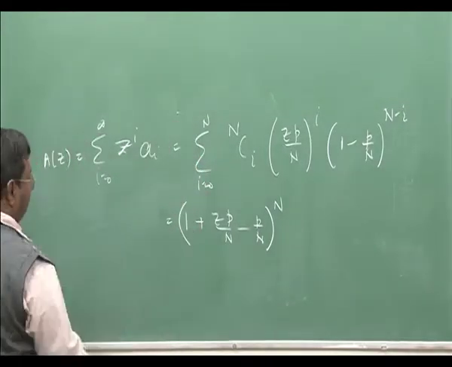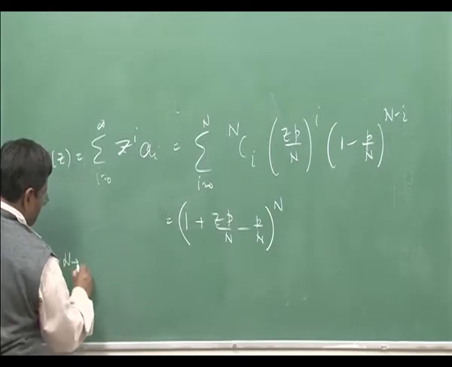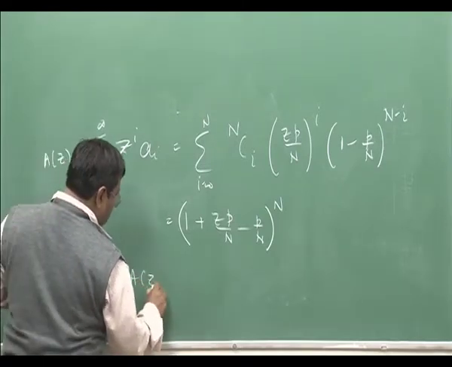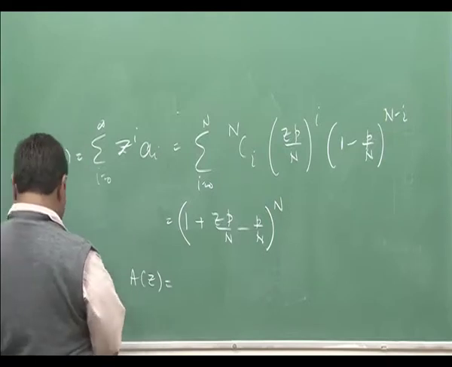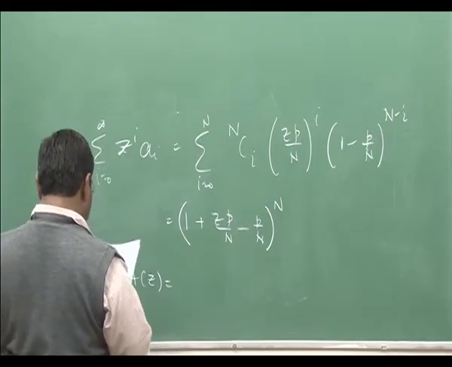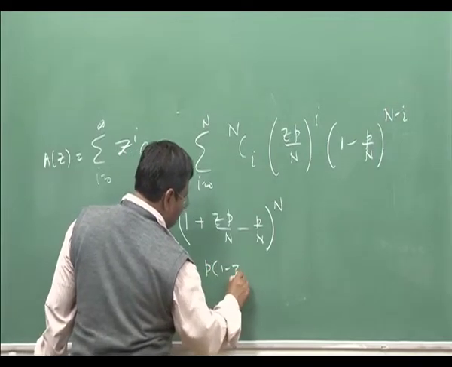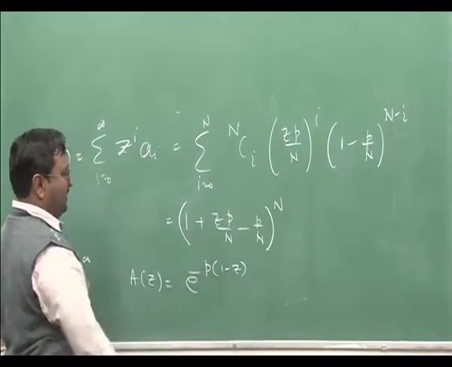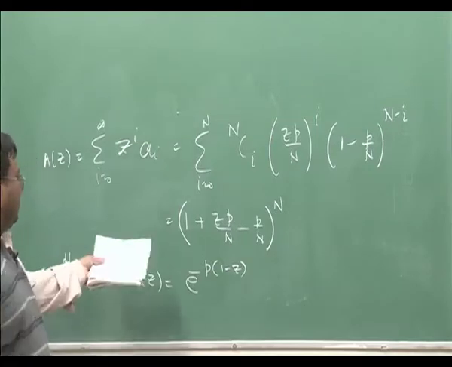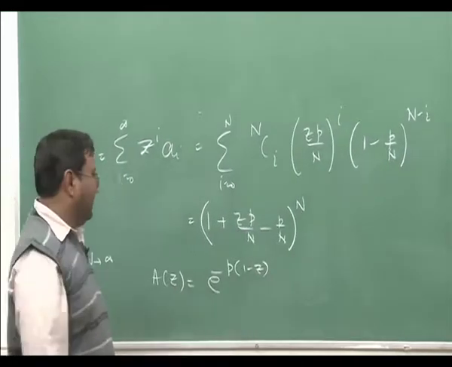So, for the Poisson when n goes to infinity, your A of z will be e raised power minus p times (1 minus z). This also you can get from here. Take this A(z), okay.